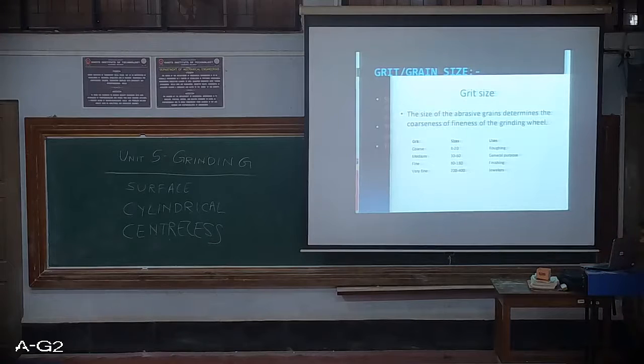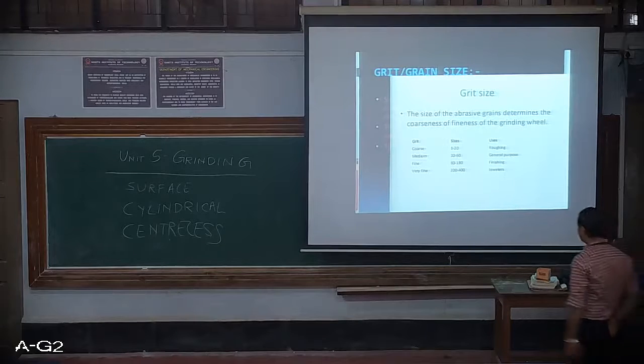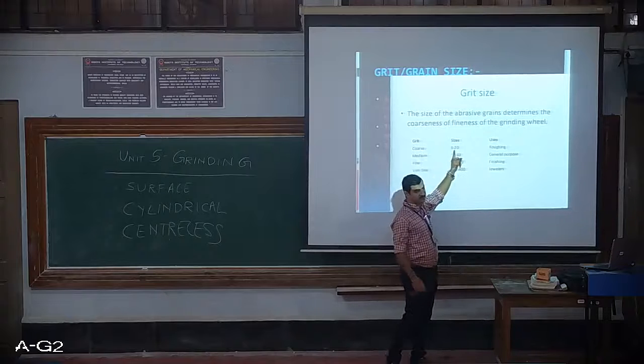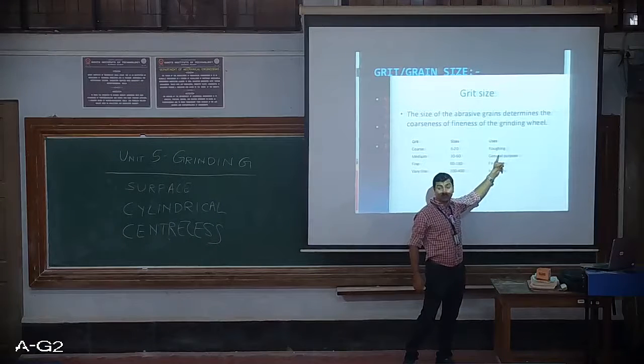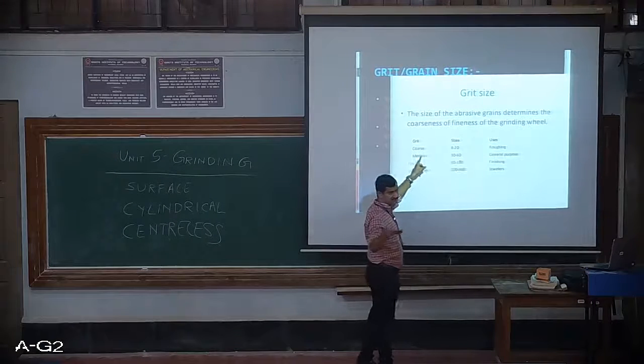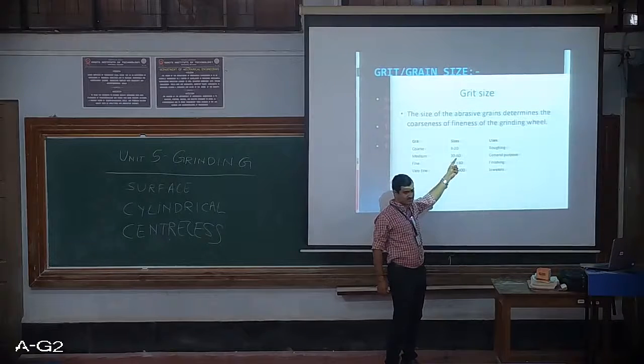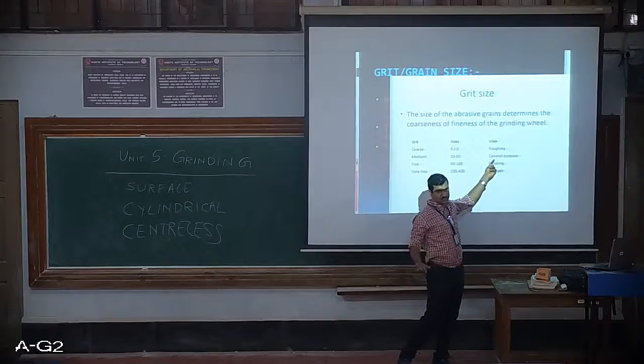So what is that grit and how do you categorize it? If it is a coarse grain, then it has a size of 8 to 20 and is used for roughing operations, for rough grinders. If it has a medium grit of 30 to 60, then it is used for general purpose.